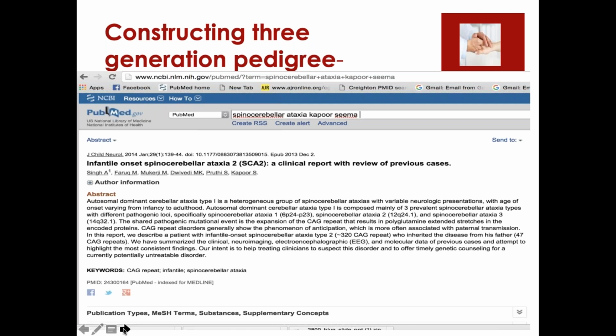This was spinocerebellar ataxia, an infantile onset in which there are repeats, but this was one of the very rare patients who presented with an infantile onset. So, if your history taking does not go to the fourth generation, you might actually miss the diagnosis. So, it's important to construct a three-generation pedigree, which is also called a heredogram.